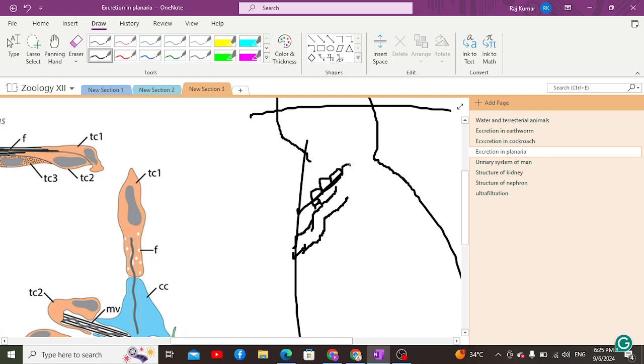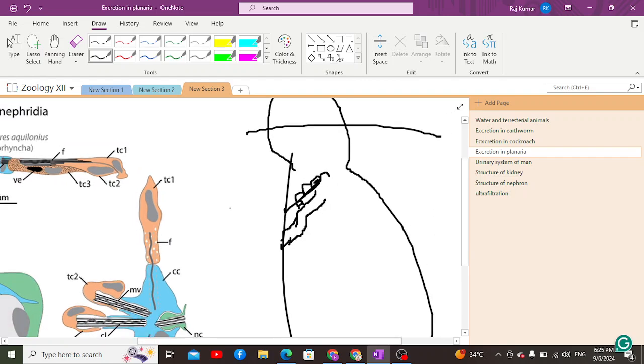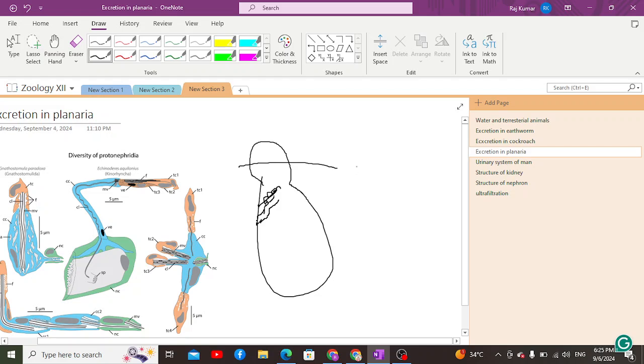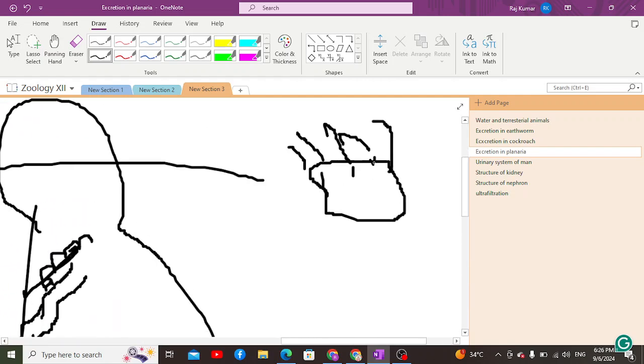Why do we call them flame cells? Because these cells are structured in such a manner that over these flame cells there is a tuft of cilia. When the excretory material is selectively secreted into those blindly ending tubules, known as diverticulums or ramifications, these excretory products are carried out by the movement of the cilia present over the flame cells.